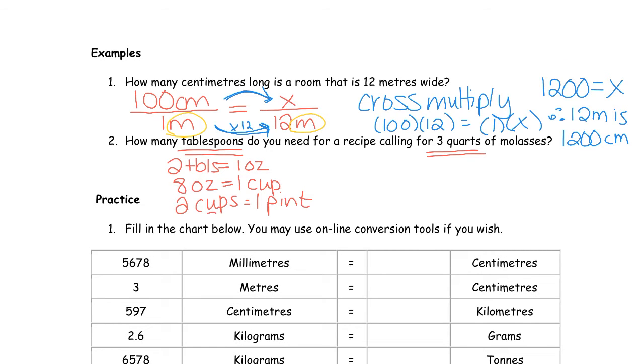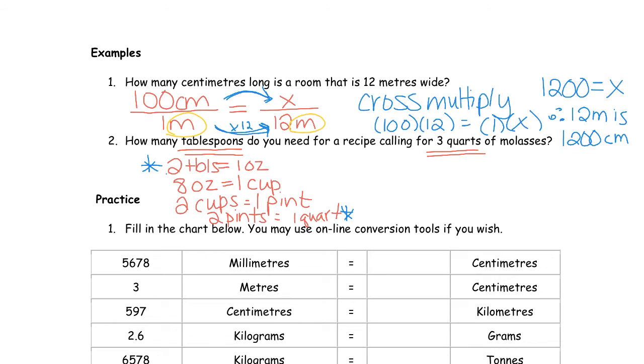And then we have 2 pints in 1 quart. Okay, and that's how we would go from tablespoons to quarts. And you're probably thinking, well, I still don't get it. I don't understand how I go from one tablespoon to quarts.